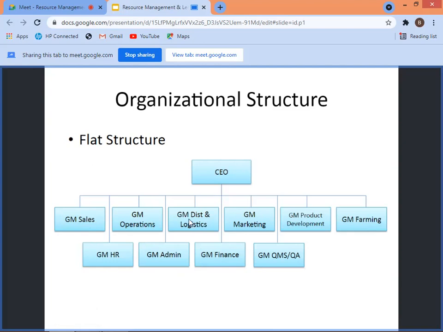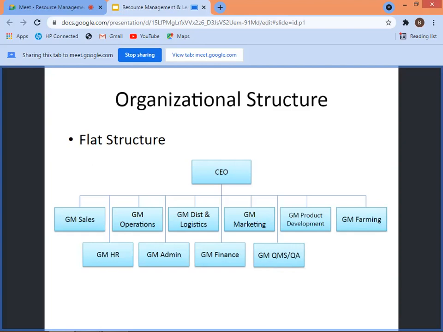GM operations, GM for distribution and logistics, GM for marketing, GM for product development. Some companies call this research and development. GM for farming, GM for HR. As you can see, a direct line to the CEO. GM administration, GM finance, GM quality management system, GM quality assurance, and many others.